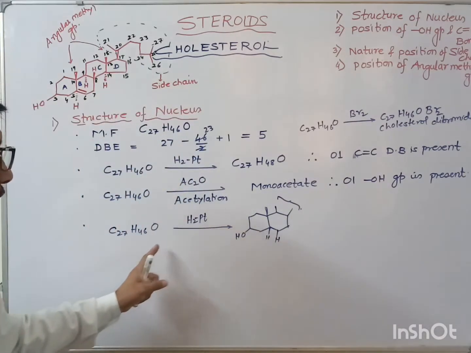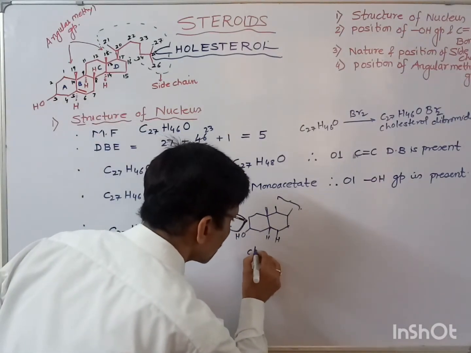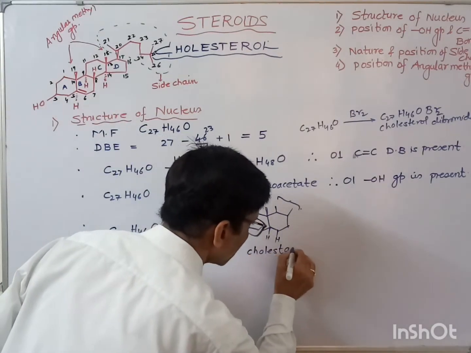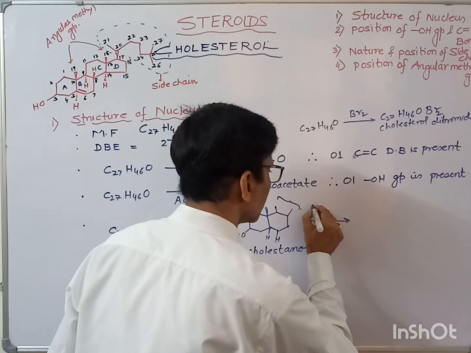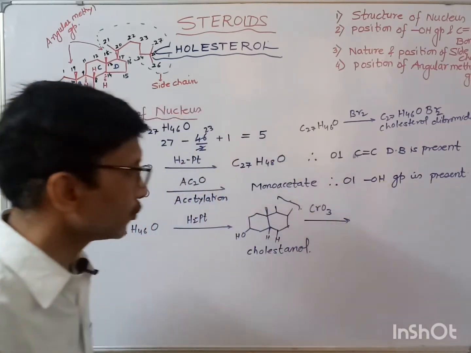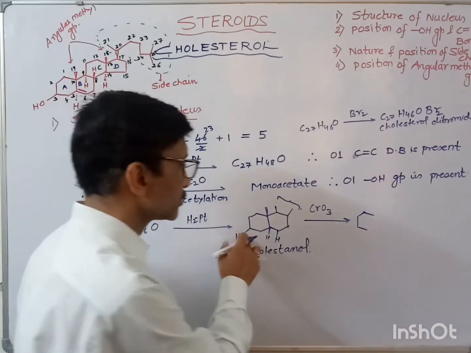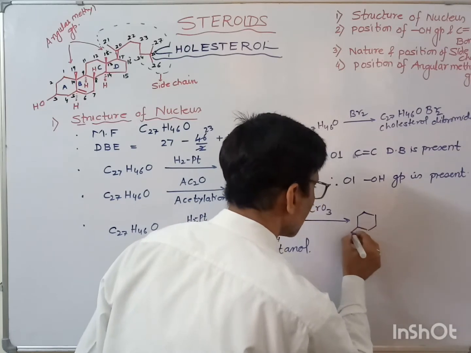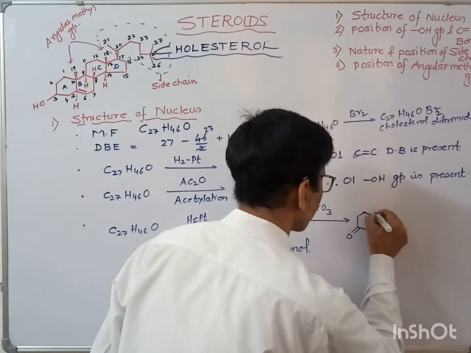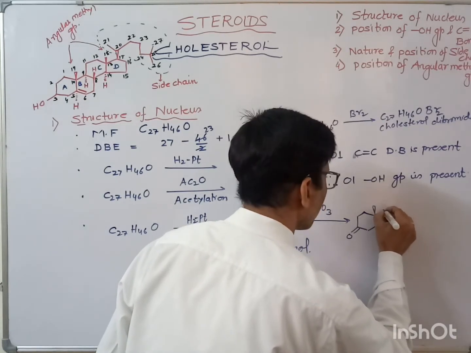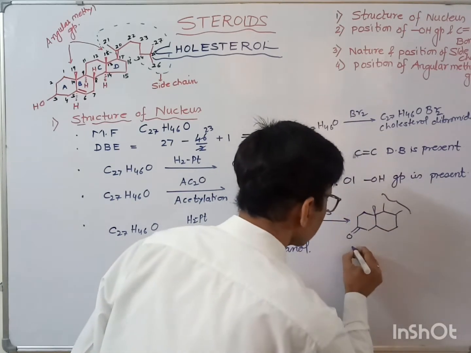So this was obtained on hydrogenation, and that was named cholestanol. Further, it was treated with chromium oxide. On treatment with chromium oxide, this OH was converted into a keto group. Like this. So this was called cholestanol.